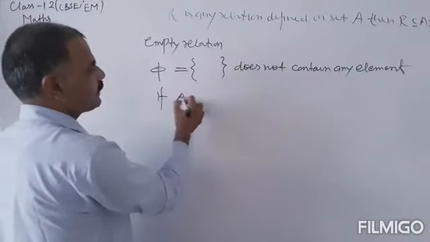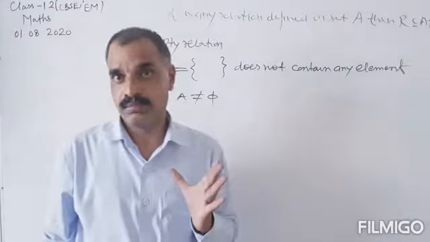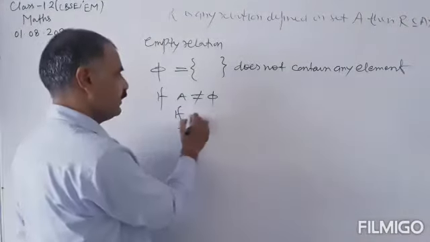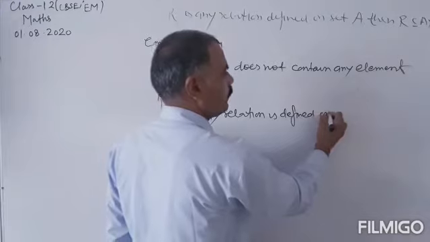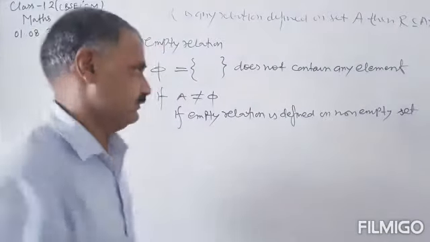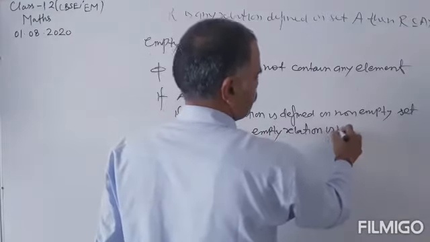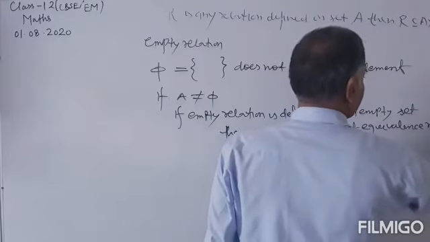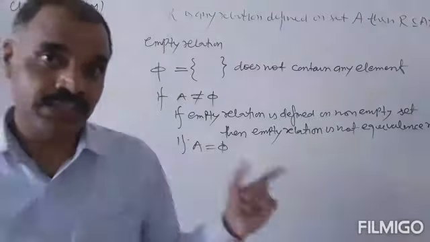First, if A is not equal to the empty set, meaning A is non-empty, and the empty relation is defined on a non-empty set, then the empty relation is not an equivalence relation.